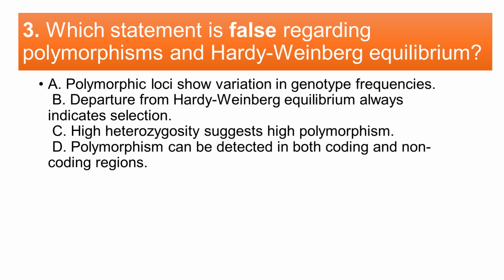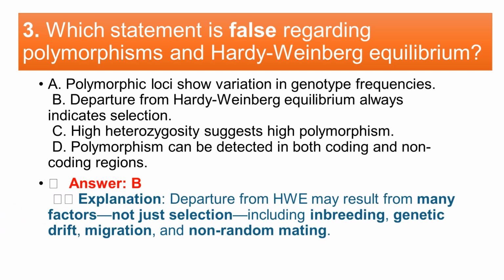C. High heterozygosity suggests high polymorphism. D. Polymorphism can be detected in both coding and non-coding regions. Answer: B. Explanation: departure from HWE may result from many factors, not just selection, including inbreeding, genetic drift, migration, and non-random mating.